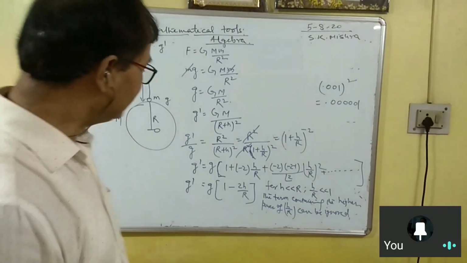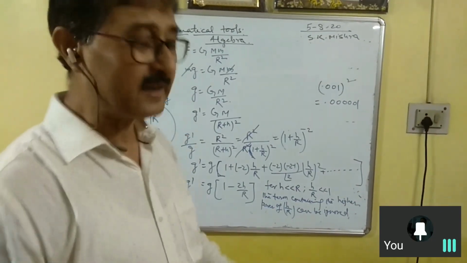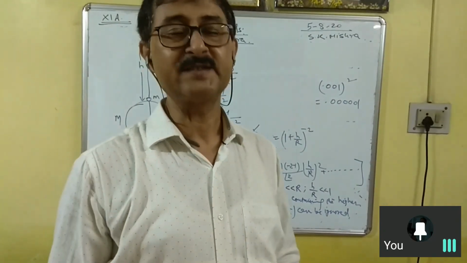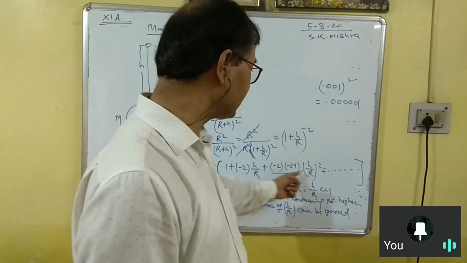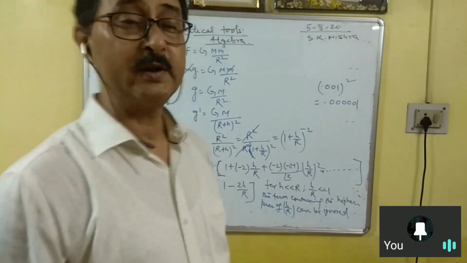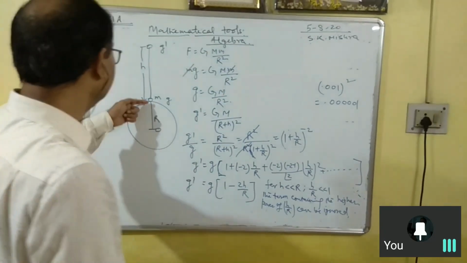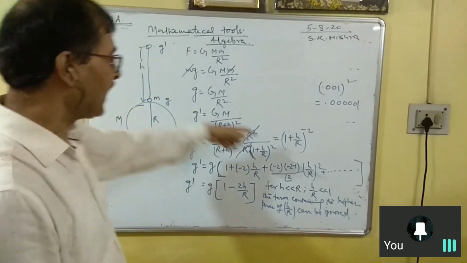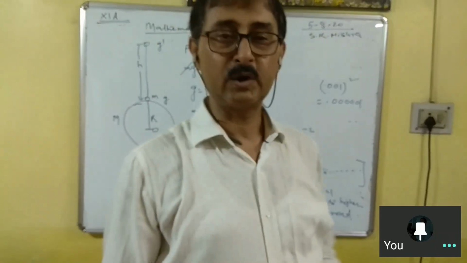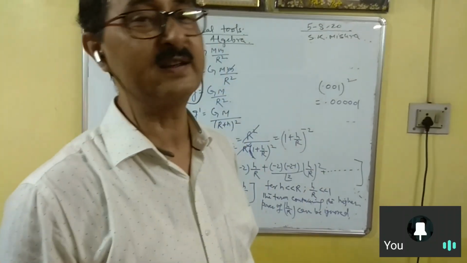Remember, this is the approximate value, not the exact or precise value. If you want to give the exact value, then you have to consider this term also. So if h is, suppose, 200 kilometer, then you cannot ignore the h by r whole square term, because the term will not be very, very less than 1.